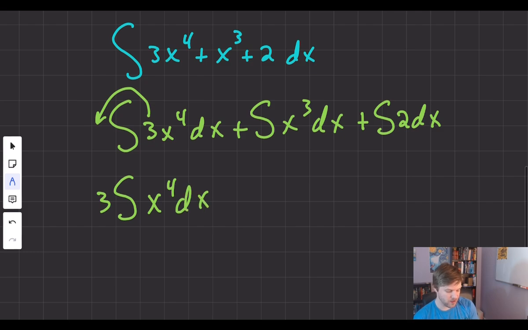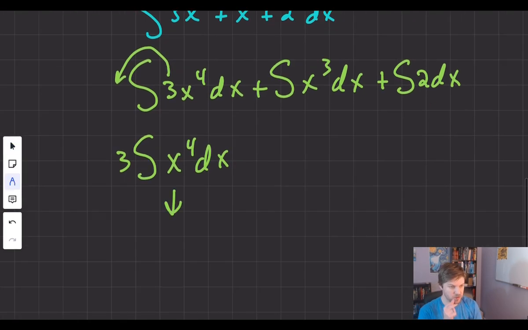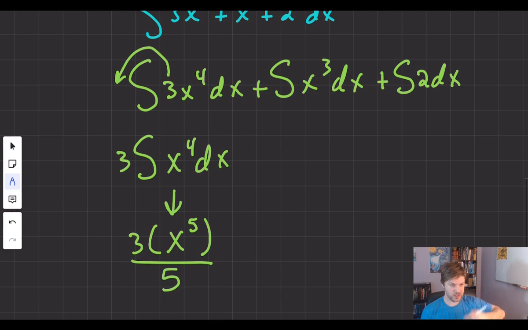And that becomes 3 times, okay, we're going to do the reverse power rule. So x to the 4th, we increase it by 1, so it becomes x to the 5th. And then we divide by that new exponent, which is 5. So that becomes 3 times x to the 5th over 5. Now this guy over here becomes x to the 4th over 4.